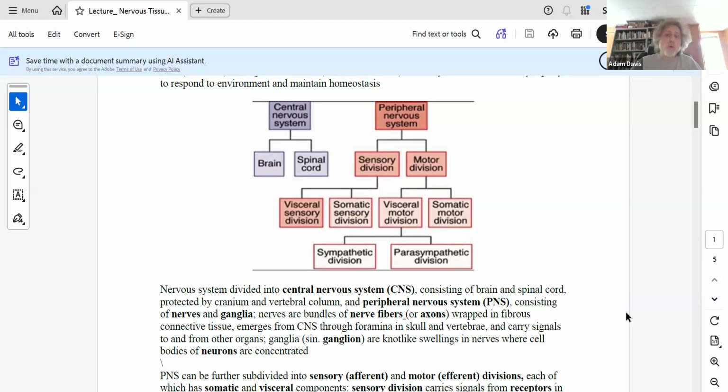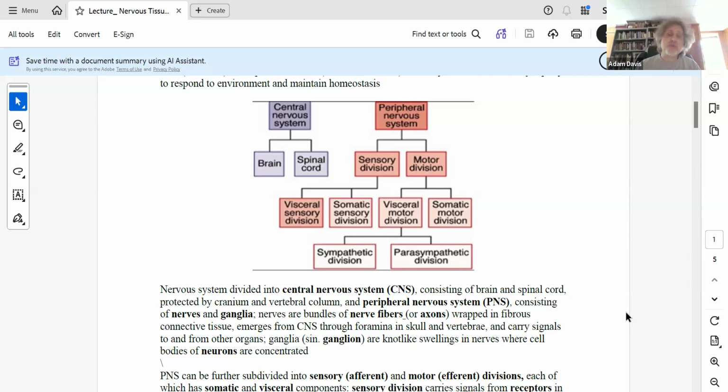What we're doing with this chart is breaking down the peripheral nervous system into a more functional division, talking about the different functions that it carries out and the types of activity we see going on. The peripheral nervous system could be said to have a sensory division and a motor division.